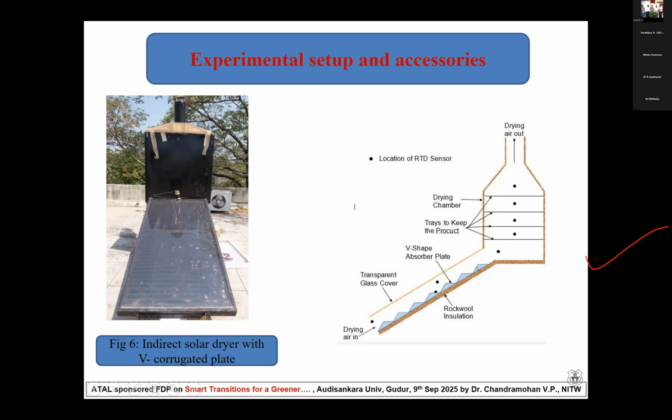And if the air is perfectly mixed and then reaches the chamber, this is the drying chamber. Inside the drying chamber, we are keeping the trays. If the air is perfectly mixed and then reaches the drying chamber, then the drying will be perfect and the dried products also will be uniformly dried. So that's why we are providing the corrugated absorber plate.